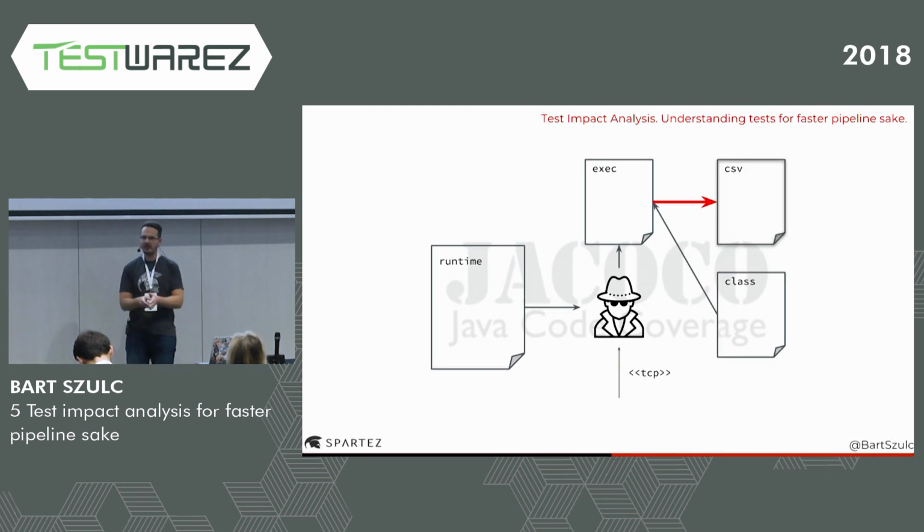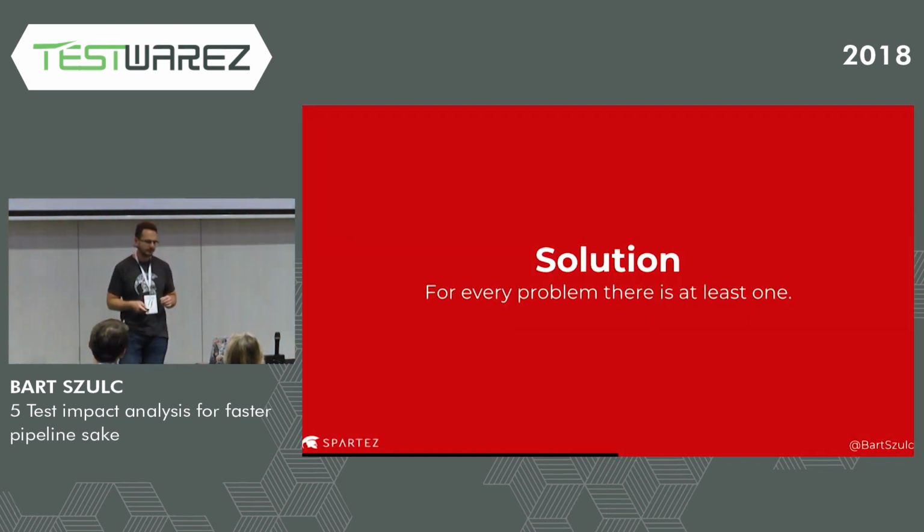This CSV file will contain multiple lines of information: basically all the classes that are out there in your code base, and whether those classes were touched while something happened in your application or not. And this is what Jacoco uses to generate the test coverage report.